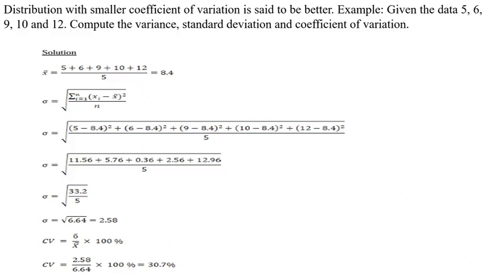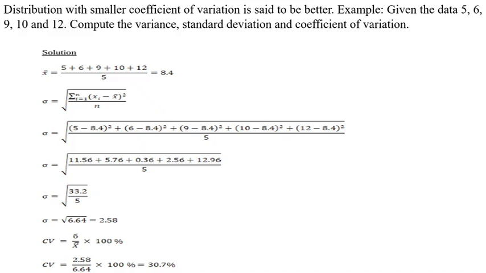After doing that, we get the square root of 33.2 divided by 5. That will give us the square root of 6.6. That's our standard deviation, and our variance, when we take the square root of 6.6, it will give us 2.58.